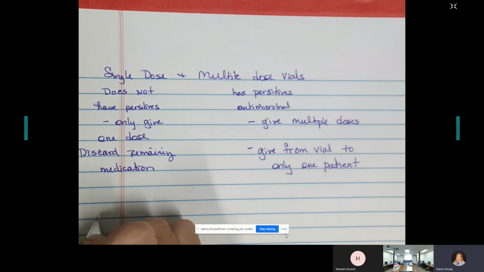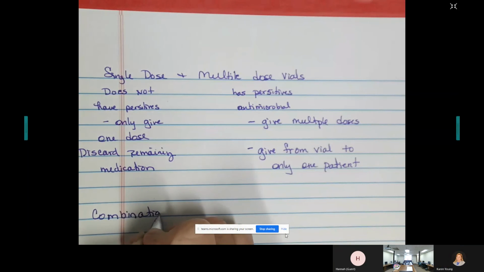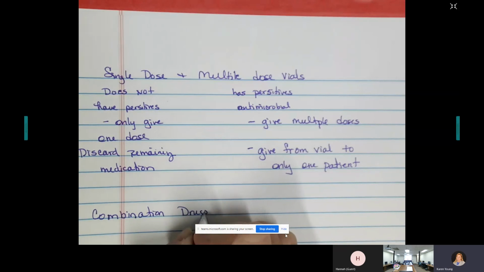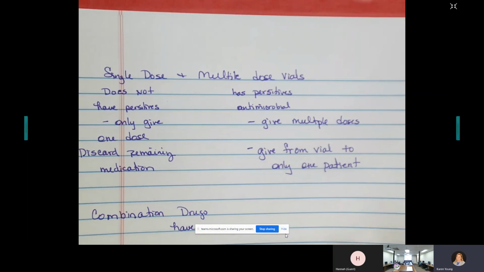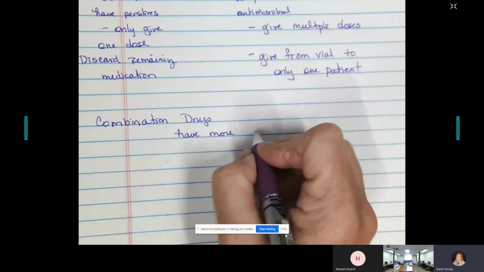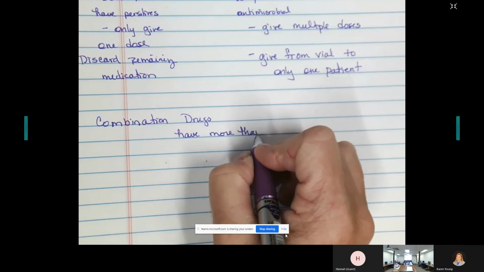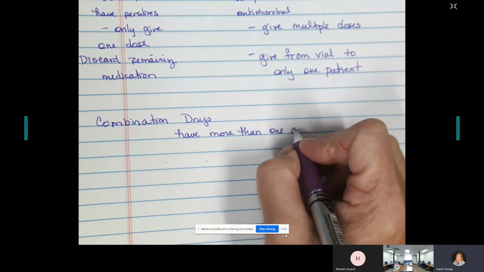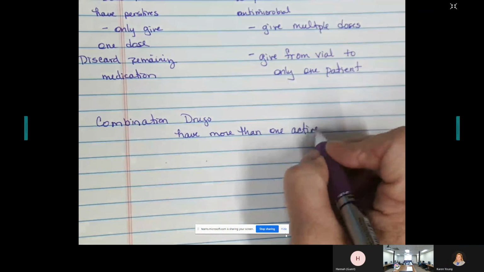All right, next we have our combination drugs. The combination drugs have more than one drug involved. Usually it's two different medications, I should say active medications.